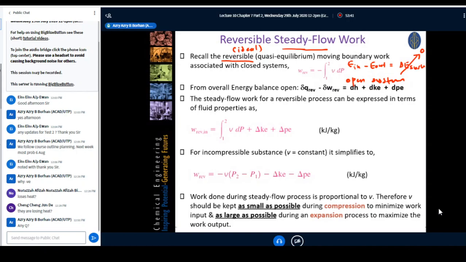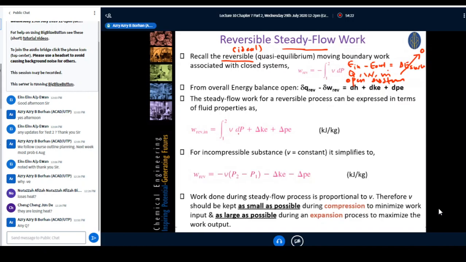The left side represents the mechanisms of energy transfer: you have Q, you have W, as well as mass flow rate. Now when we expand the components, you have delta Q reversible minus delta W reversible equals delta H plus kinetic and also potential.